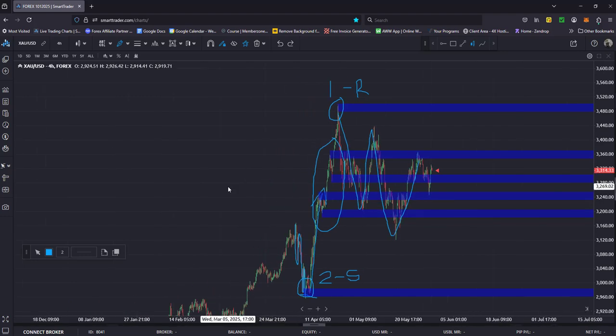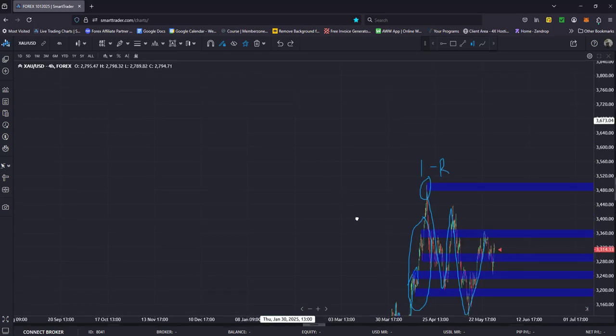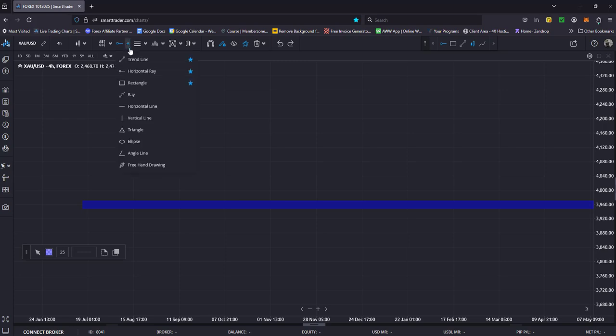One of the concepts that we are going to learn as well when we're talking about support and resistance is when the market breaks a support level or resistance level, we now have an area where what was previously support or resistance now becomes a new area of resistance or support. So what I mean by that is this.